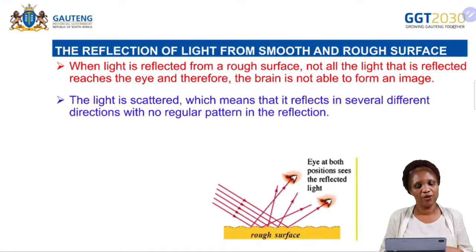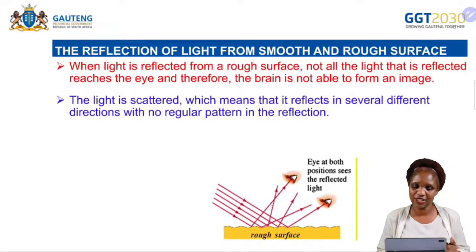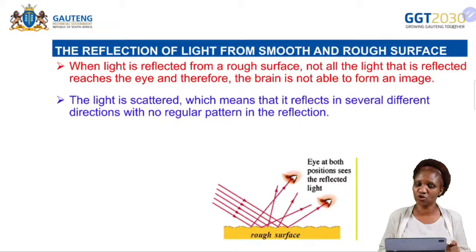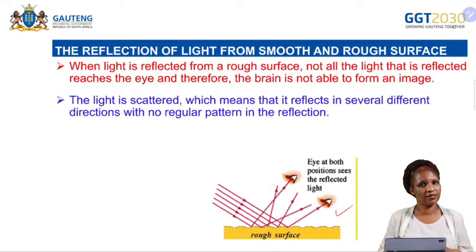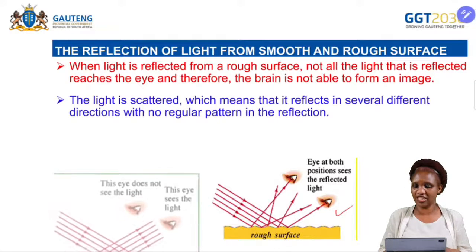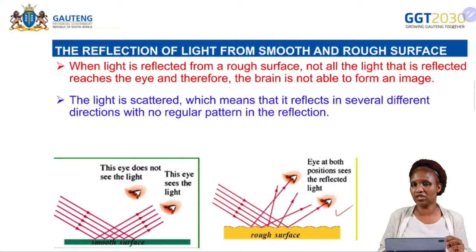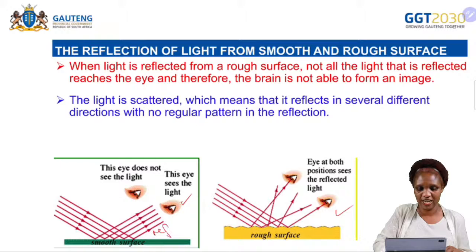The light is scattered, which means that it reflects in several different directions with no regular pattern in the reflection. That is a what? A rough surface. It's just the opposite of what? Of a smooth surface. Because with a smooth surface, the eye will see light. For example, this one is reflected here.